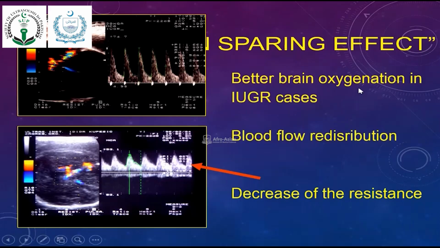Better brain oxygenation in IUGR cases. If the fetus is having IUGR, we can have the brain sparing phenomenon, in which we will be able to see the middle cerebral artery seems to be normal as compared to the other vessels like the umbilical artery and aorta of the fetus.